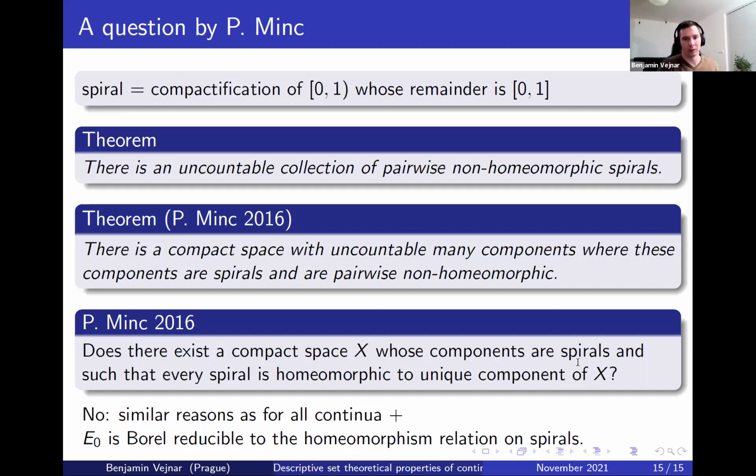So this causes some technical problems. Yes, the idea is the same as in the sine 1 over x curve, right? In the spirals. Yes.